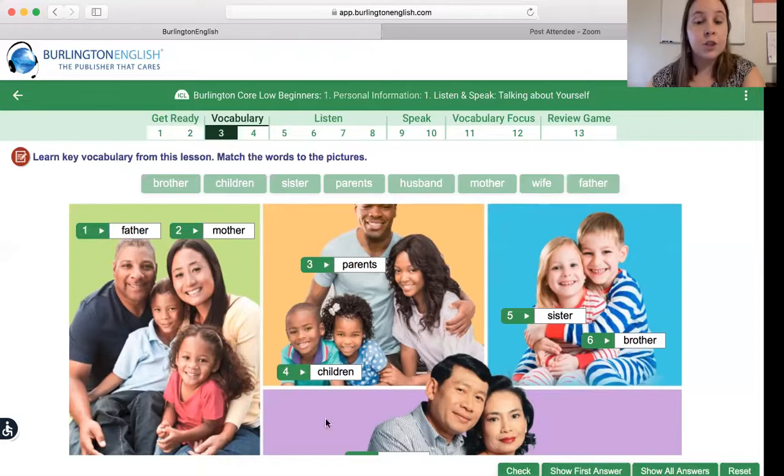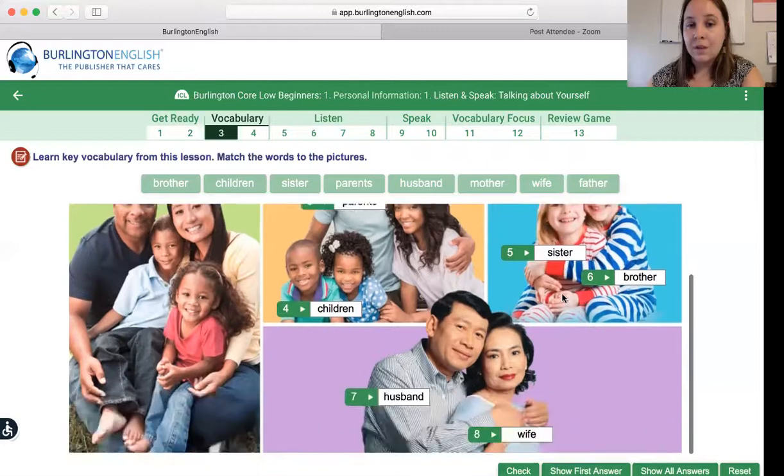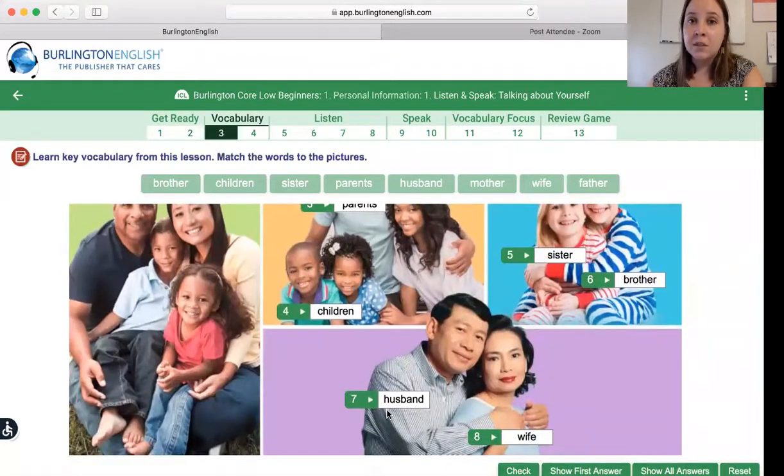Do you have children? Do you have a sister? Do you have a brother? Do you have a husband? Do you have a wife? Okay, so be thinking about that. How do you describe the people in your family?